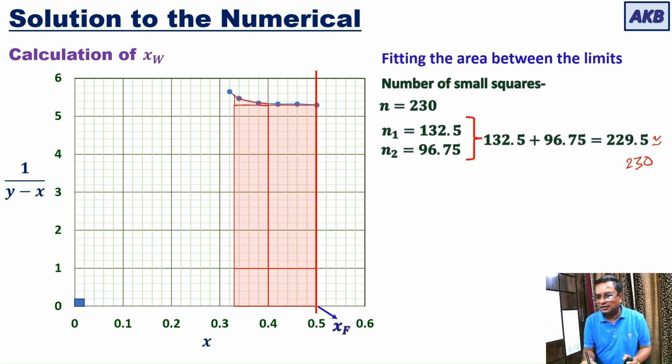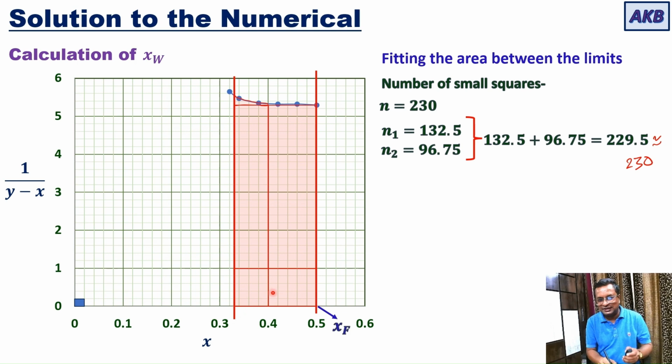The other 0.5 will be covered in the small regions that are left out in the counting. So when I reach this point, I have covered almost all, that is 230 small squares. So that will be the lower limit.